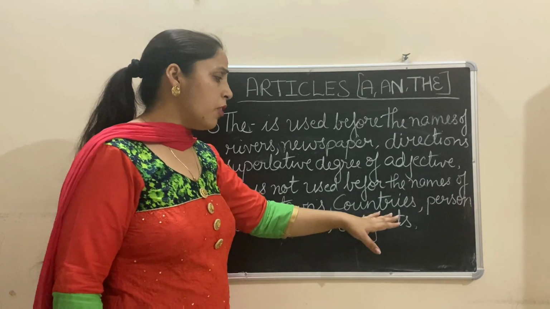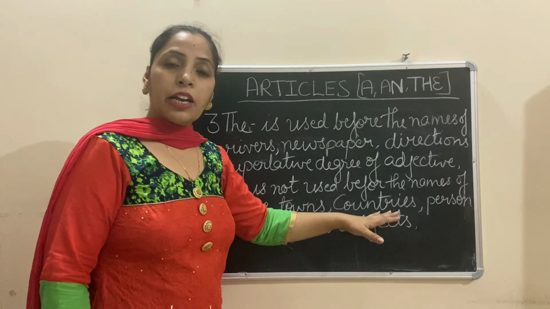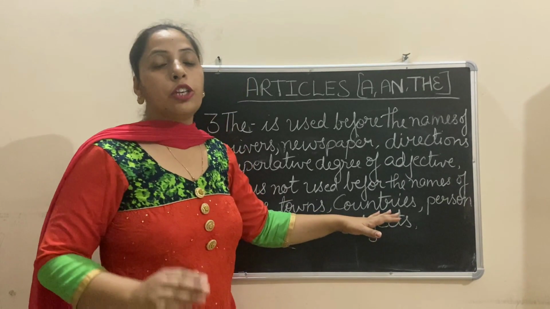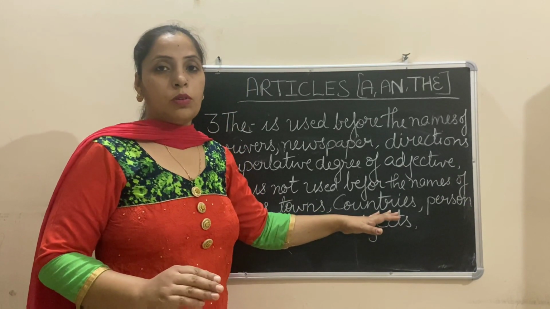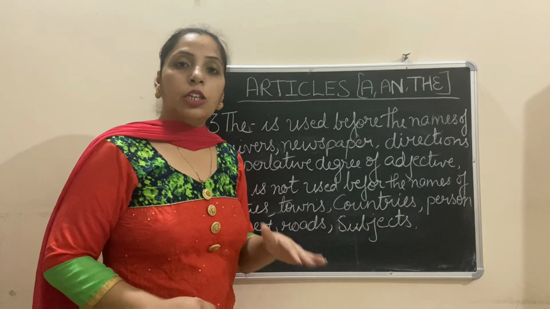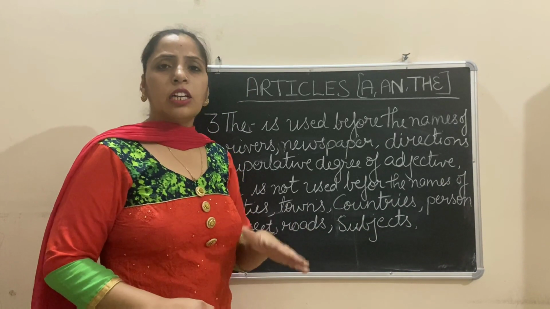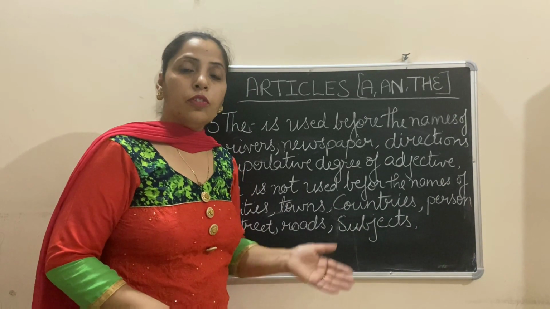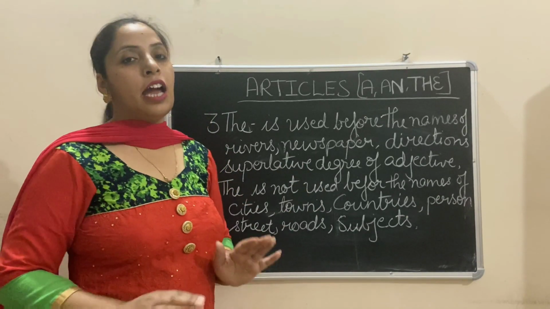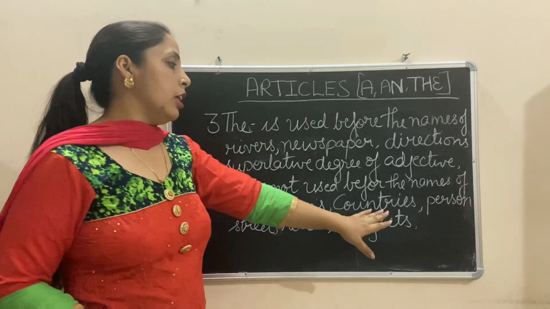Names of countries. India is a country, so before India we will not use the word the. The only countries where we use the word the are the USA and the UK. These are the only two countries where we use the word the. Apart from these, all the countries will not have the article the in front of them.